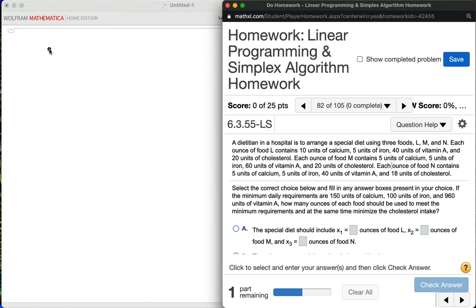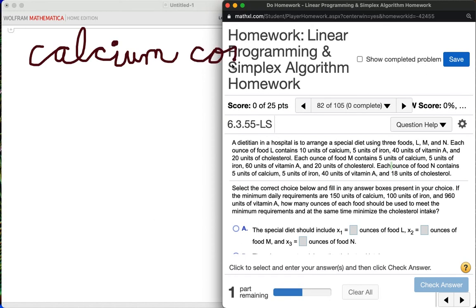So let's talk about the calcium. Let me try to write this out. I know it doesn't look pretty, but I'm trying to write with my laptop trackpad. It's a little tricky. My calcium constraint.